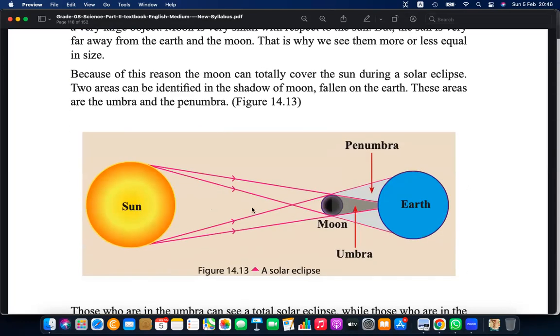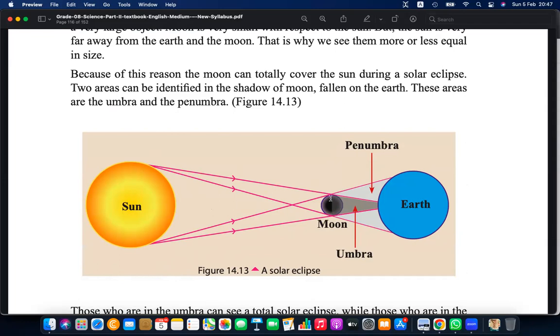Okay, this is how a solar eclipse happens. The sun is bigger, right? It's a bigger object, but the Earth is relatively smaller than the sun. And then you can see here the moon, right?